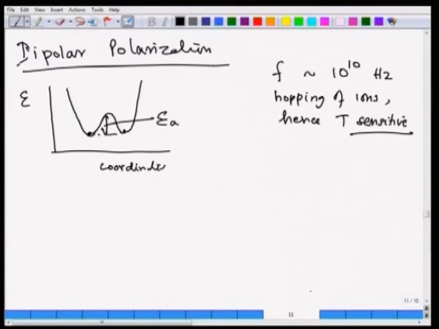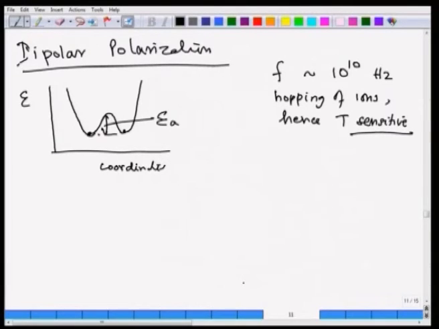The question we ask is, what happens if there is a dipole moment, where one state corresponds to a dipole pointing in the direction of the electric field, and one totally away from it? Then what happens if you apply an electric field?